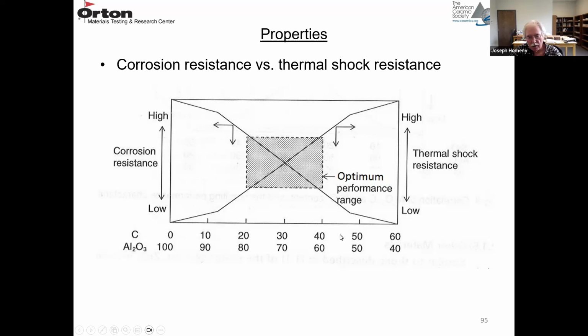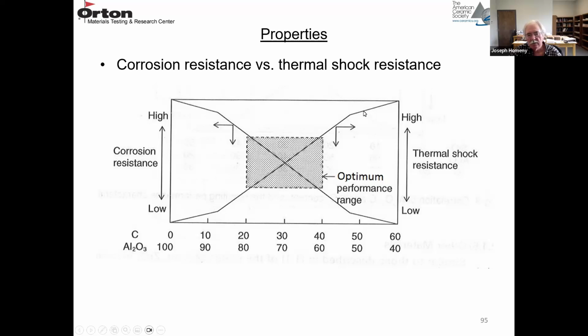So increasing carbon content to the right, increasing alumina content to the left. So the higher the alumina content, the higher the corrosion resistance, the higher the carbon content, the higher the thermal shock resistance. So this plot with the arrow pointing to the right is corrosion resistance as a function of composition.